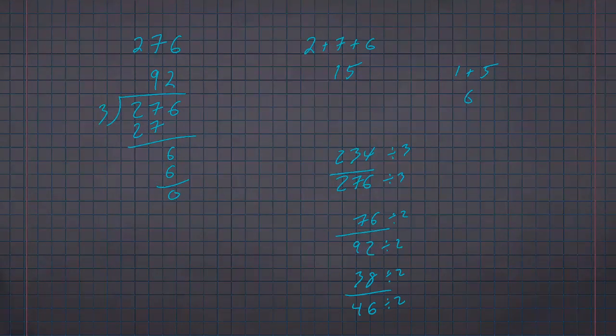So I'll divide by 2 again. 38 divided by 2 is 19. 46 divided by 2 is 23. At this point, we actually do get to stop. 17 and 23 are both what are known as prime numbers. They are numbers that are only divisible by 1 or themselves.